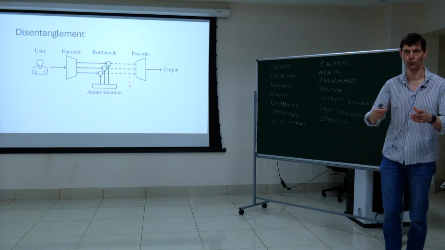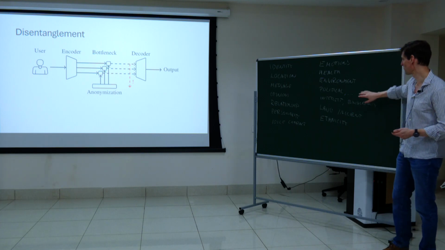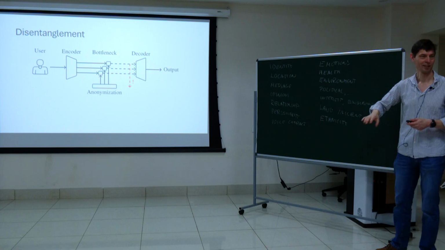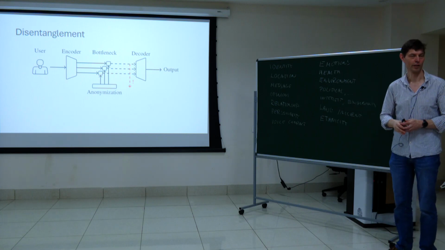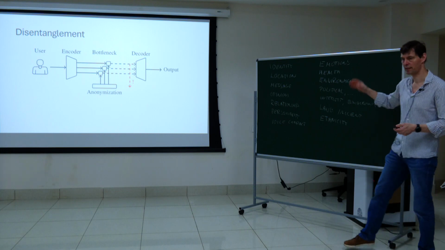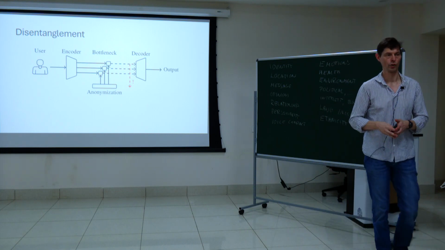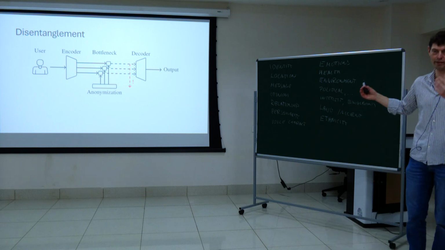So when you talk to your boss, you have perhaps the political and environmental things removed. When you talk to a pizza place to order a pizza, you have everything else except the message removed. And when you talk to your wife, include everything.